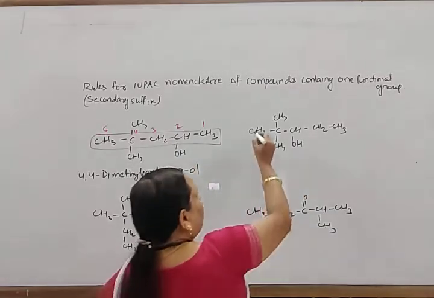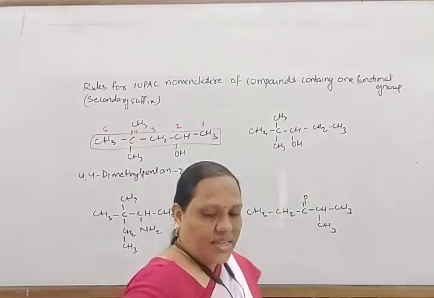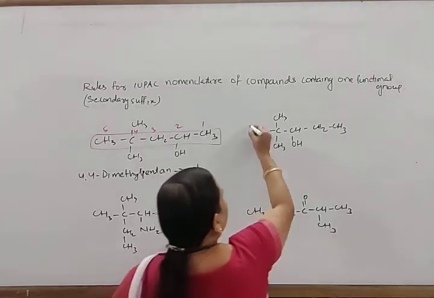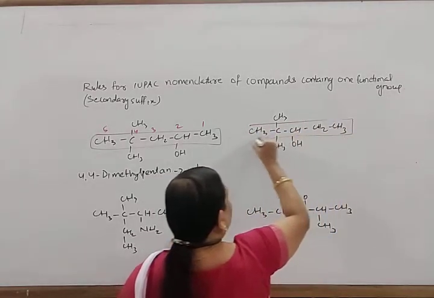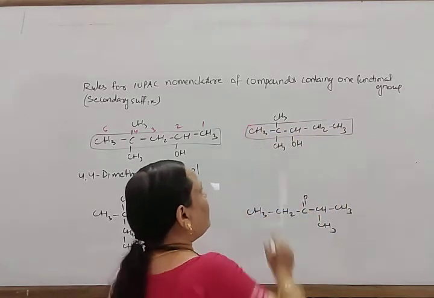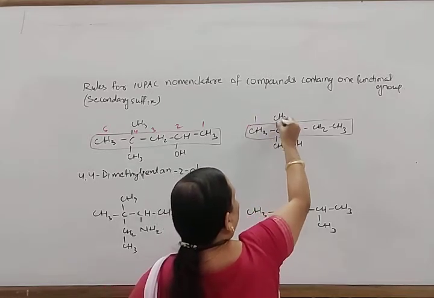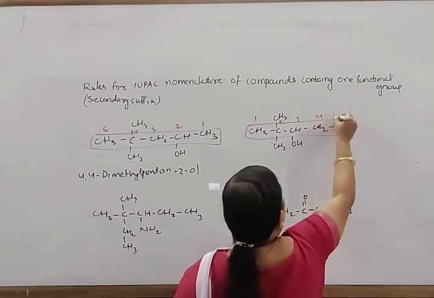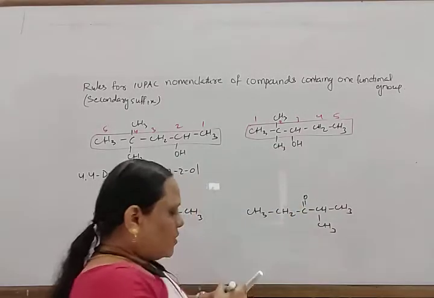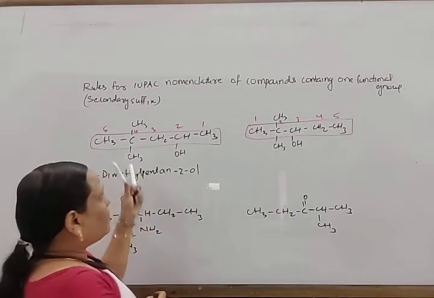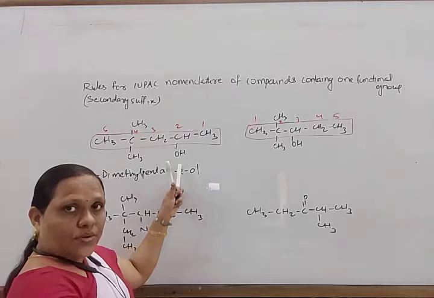So first, this is your long chain. Look here, this long chain contains 5 members. Next count from here, 1, 2, 3, 4, 5. So at position 2, now 2 methyl. In the other case it is at position 4, because the OH group should get the lowest position.